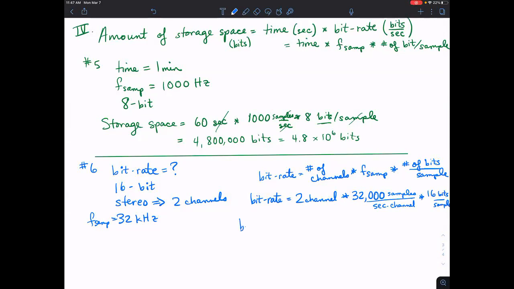Okay, so the bit rate then is going to be equal to, when you multiply that all out, 1,024,000 bits per second. That's the bit rate.